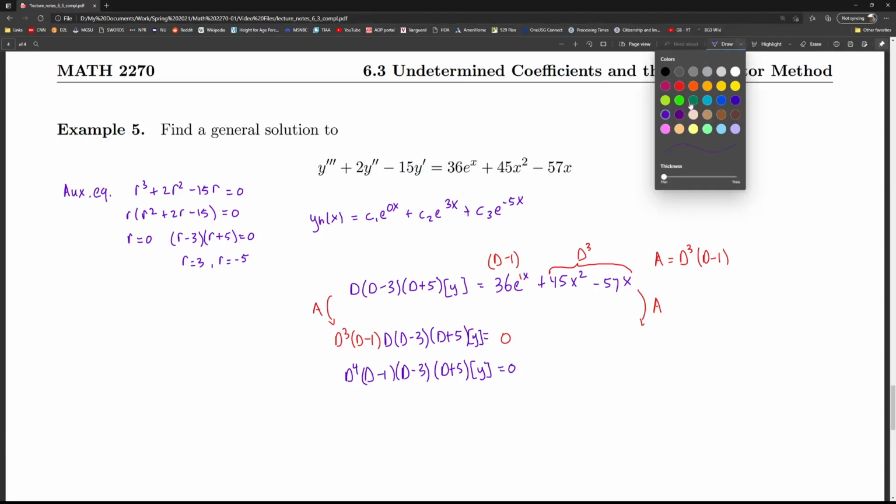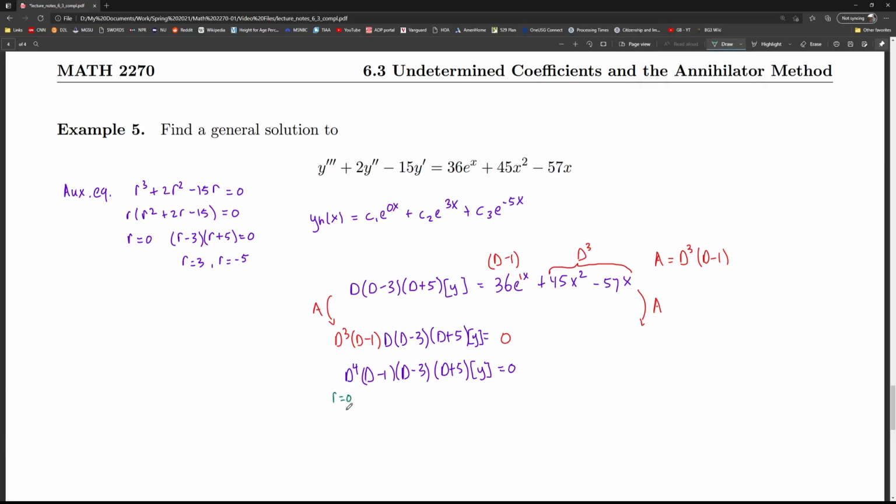And now let's take a look at the corresponding functions. So D to the power 4, that corresponds with a root that's equal to 0. And so we have e to the power 0x, which is just 1, right? And then x e to the power 0x, which is just x. And then we have x squared e to the power 0x. And then we have x cubed e to the power 0x.